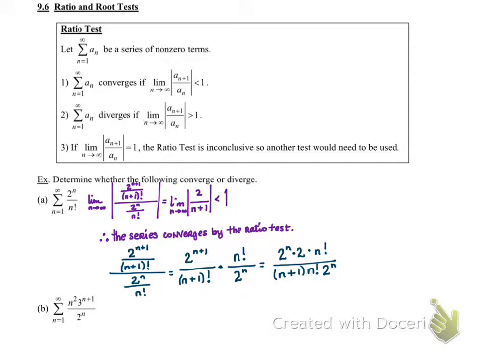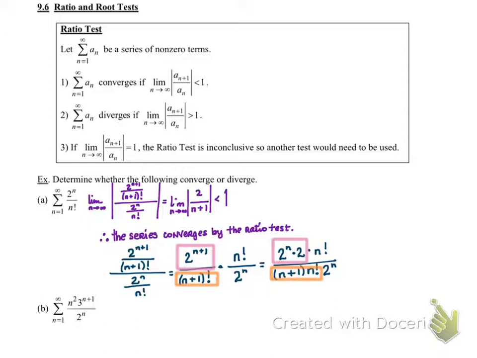That 2 to the n plus 1 can be rewritten as 2 to the n times 2. Those two mean the exact same thing. And that n plus 1 factorial can be written n plus 1 times n factorial. So, another important piece here.